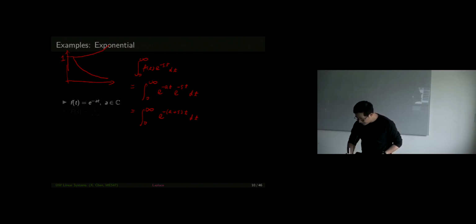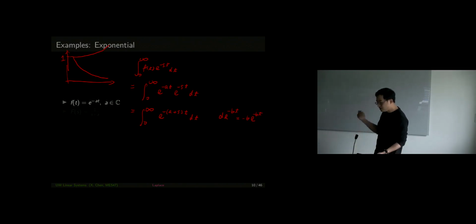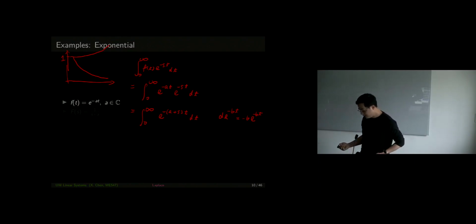The benefit of the exponential function is that d of e to the negative bt equals negative b times e to the negative bt. So the derivative of an exponential function is also an exponential function.